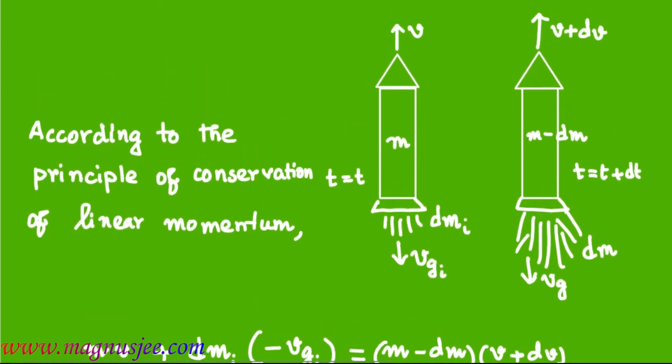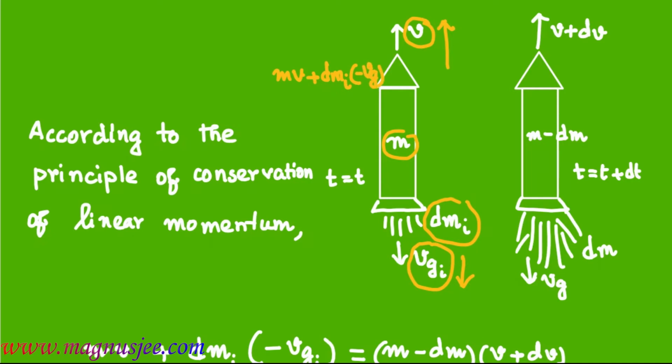Here at instant t equal to t, the mass of the rocket is m and the velocity of the rocket in the upward direction is v. So m into v is the initial linear momentum of the rocket, and the exhaust gases will be released with a velocity vg in the vertically downward direction. So dmi into minus vgi is the initial linear momentum of the exhaust gases.